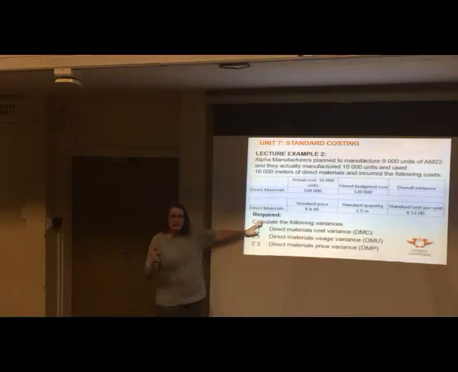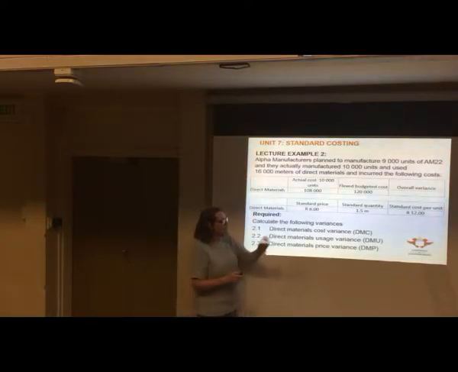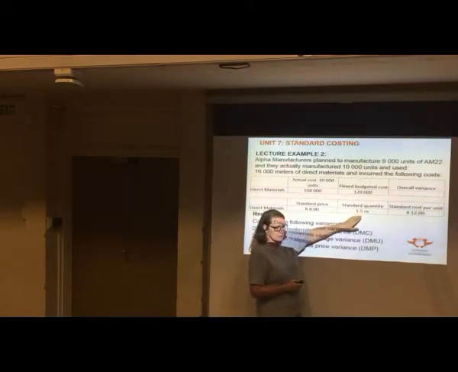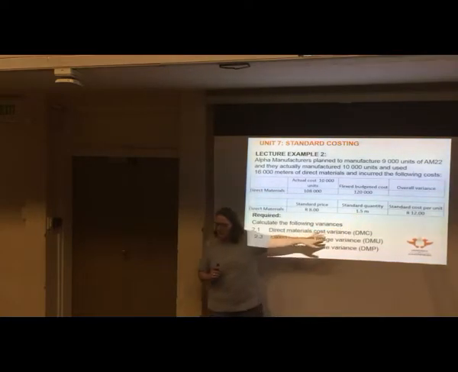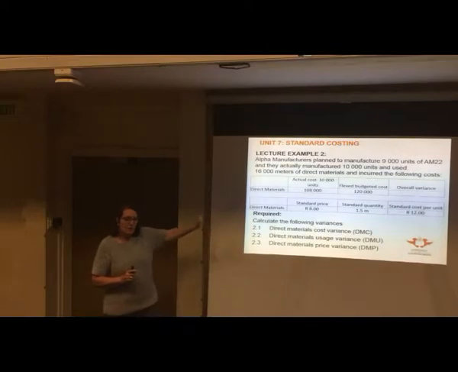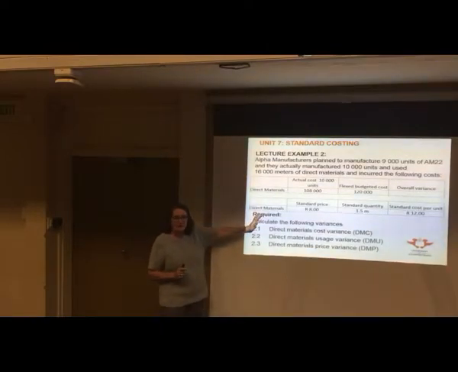When you do standard quantity, you flex it first to the number of units you actually produced, so you're comparing apples with apples. You produced 10,000 units, so your standard quantity must be 10,000 units times your standard quantity per unit of 1.5 meters, which is 15,000 meters. Can everyone see that the standard quantity for this production was 15,000 meters, because we flexed it?